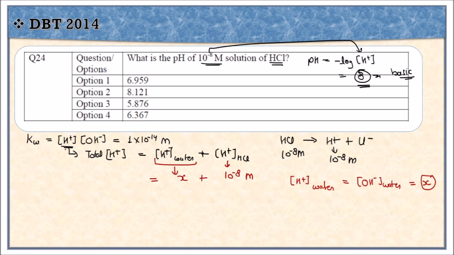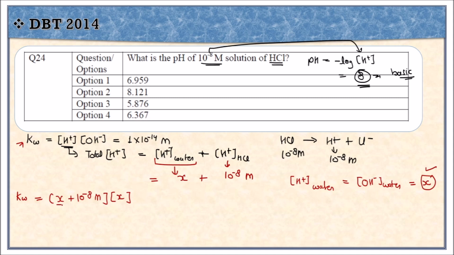Now by putting this value in the formula, Kw will be equal to total H plus concentration, which is X plus 10 to the power minus 8 molar, and this 10 to the power minus 8 molar is for HCl. Then OH negative, we know the value is X, because the concentration of H plus ion and OH negative ion because of ionization of water will be the same.